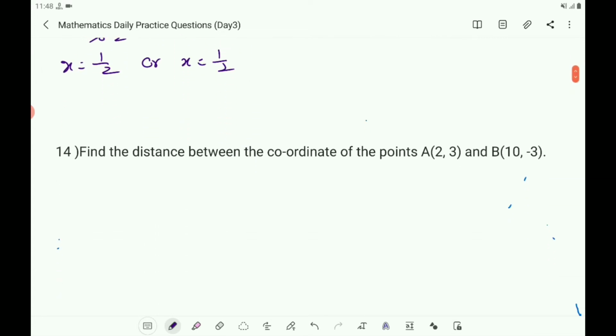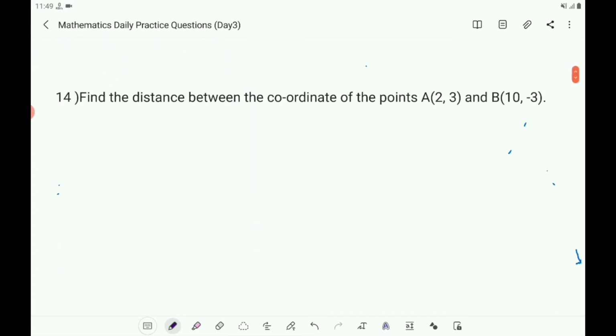Now let us take the 14th question. Find the distance between the coordinates of the point A 2, 3 and B 10, minus 3.